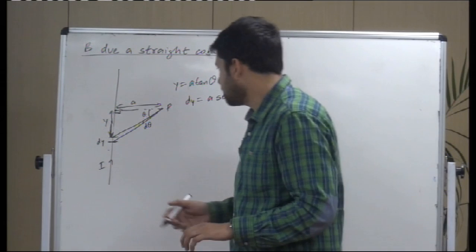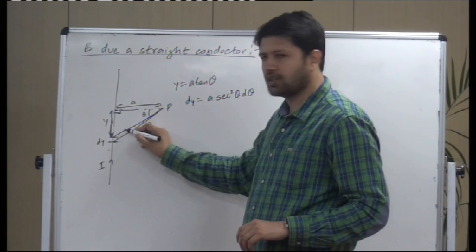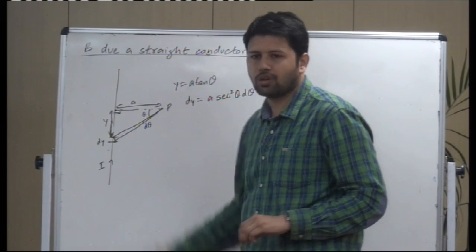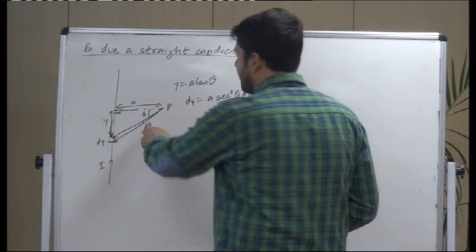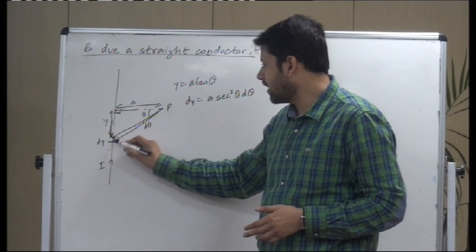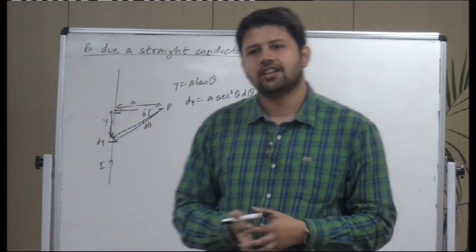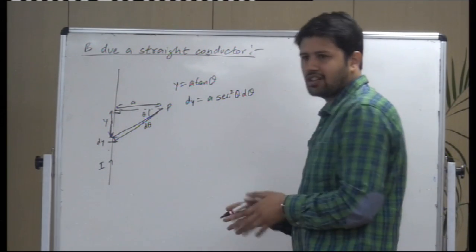We can find the length of the hypotenuse, and we can find the length of this small portion, which is a small arc of this angle d theta, and then we can find the value of dy. But you need not find that by this means. By geometrical diagrams we have calculus for us.